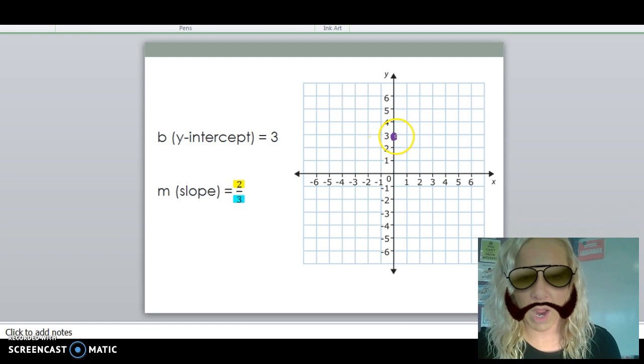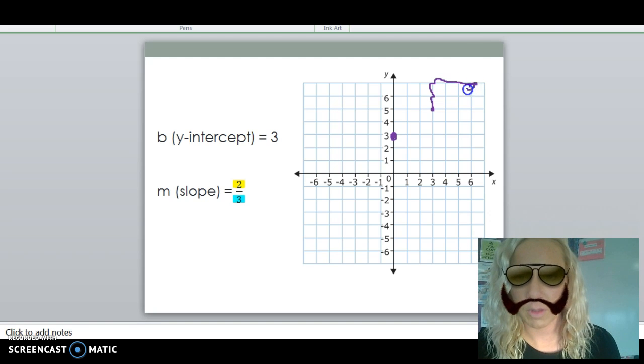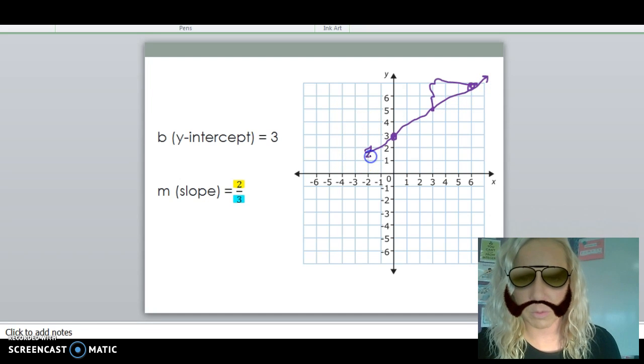So I'm going to rise positive 2, 1, 2, and run positive 3, 1, 2, 3, and graph my point. I can go another 2, 1, 2, and run another 3, 1, 2, 3. So if I were to connect these points, which is difficult to do on here, this is what the line would graph to. Let's look at a few more examples.